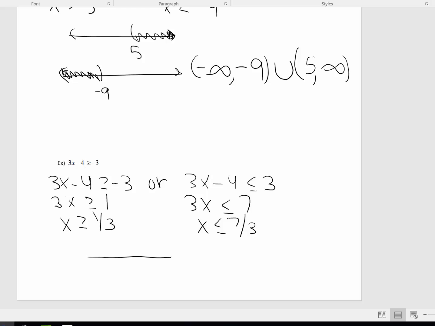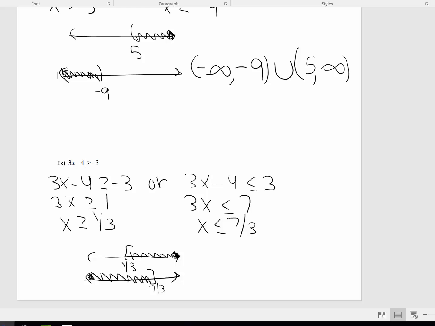Okay, so let's graph. We'll start with x is greater than or equal to 1/3. Underneath will be x is less than or equal to 7/3.